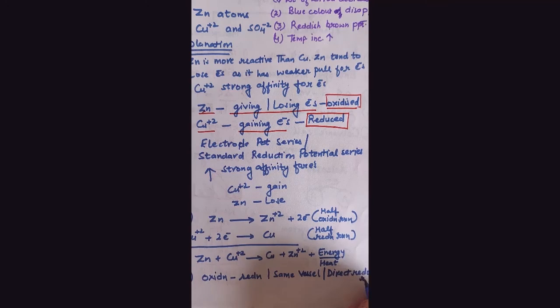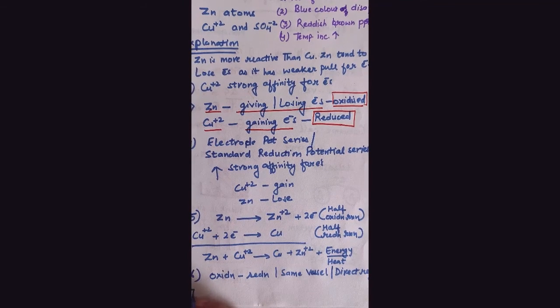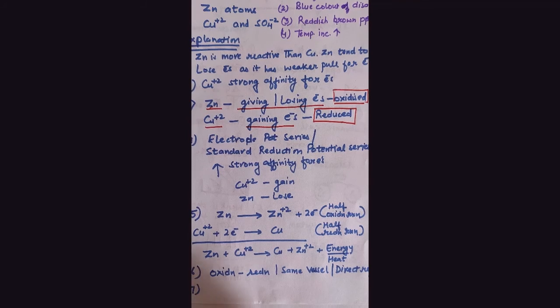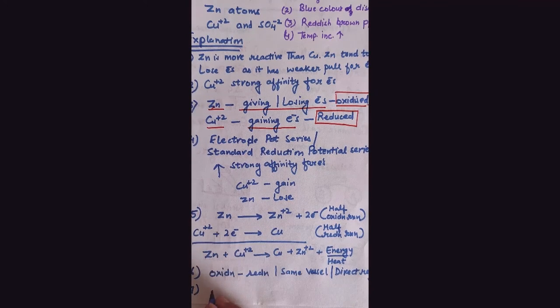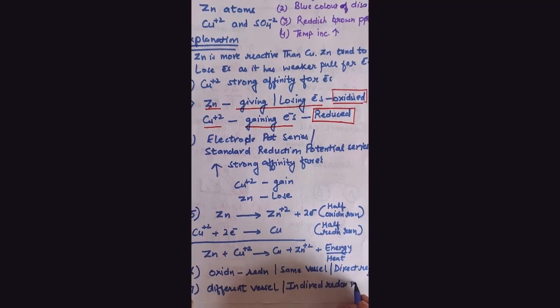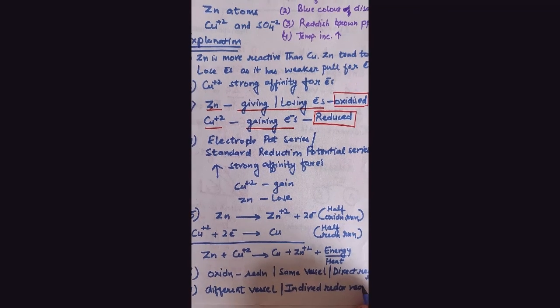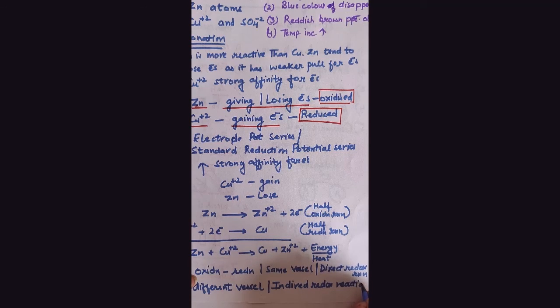Next we will study the galvanic cell, and you will find there that we have different vessels, with oxidation taking place in one vessel and reduction in another. We call that an indirect redox reaction. So direct redox reaction and indirect redox reaction.